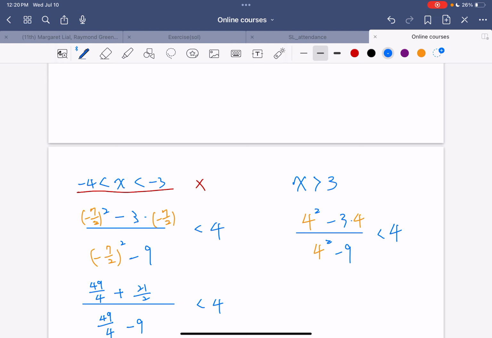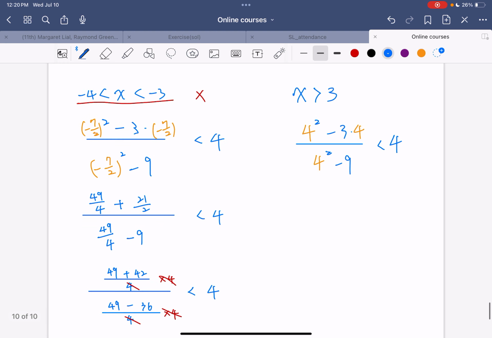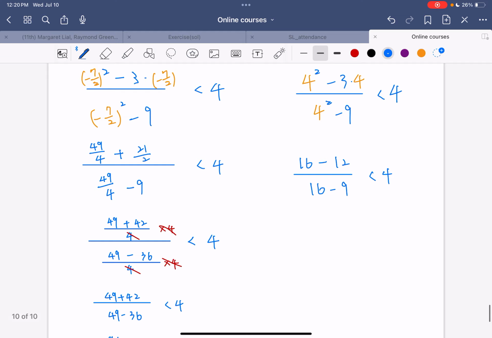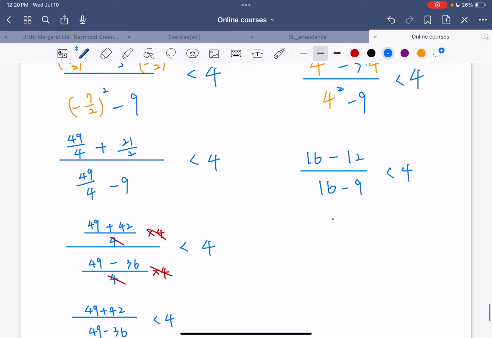Okay, and then let's start the calculation. So 16 minus 12 divided by 16 minus 9 will be less than 4. Here is 4 divided by 16 minus 9, which is 7. So this number is less than 1 because you divide 4 by 7.